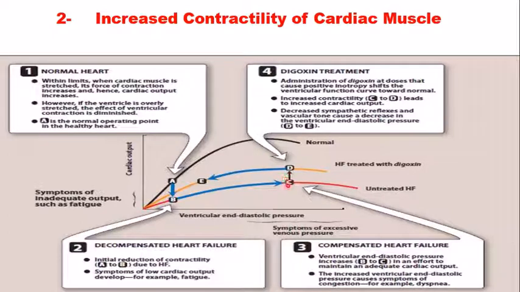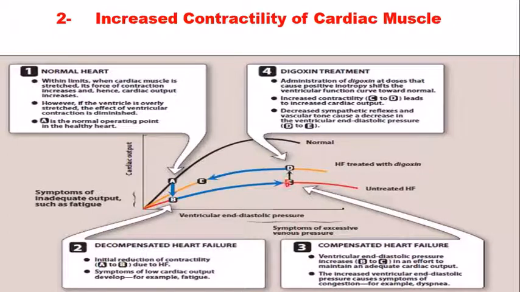The cardiac output increases and contractility increases. This increased contractility leads to increased cardiac output, decreased sympathetic reflexes and vascular tone, which cause a decrease in the ventricular end-diastolic pressure. Again, look at this, here the heart is normally compensated.